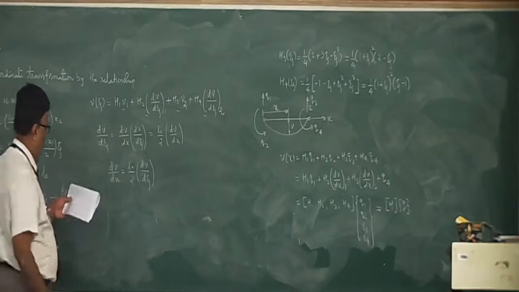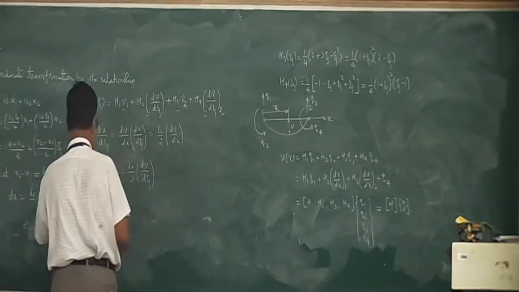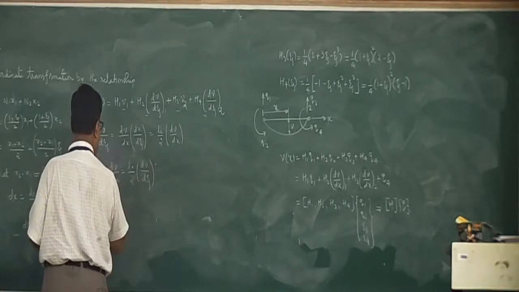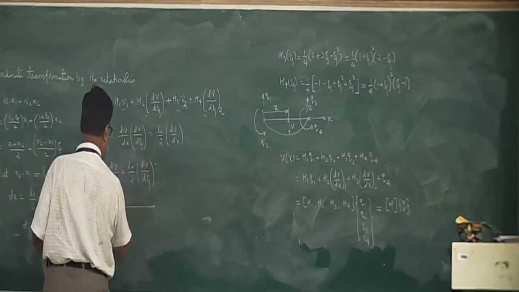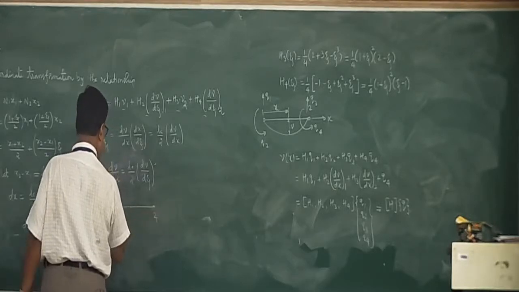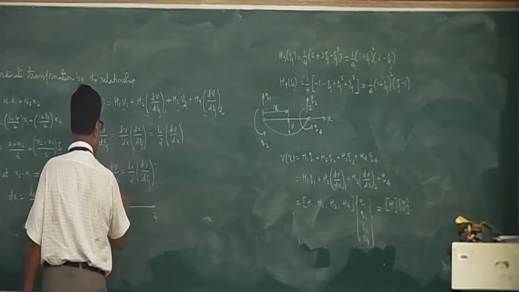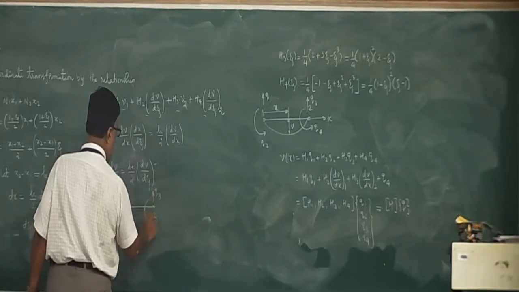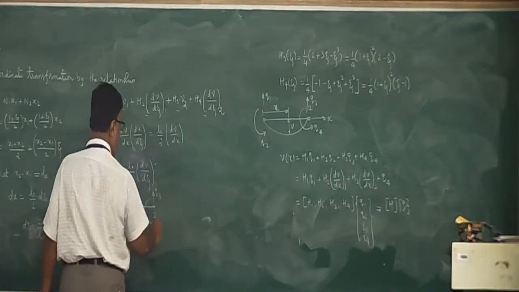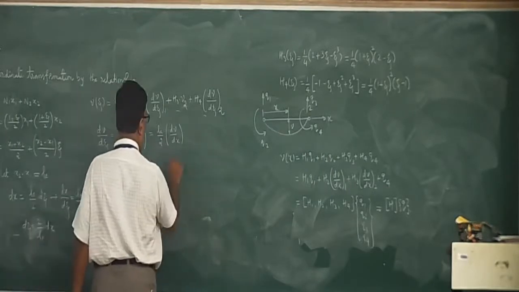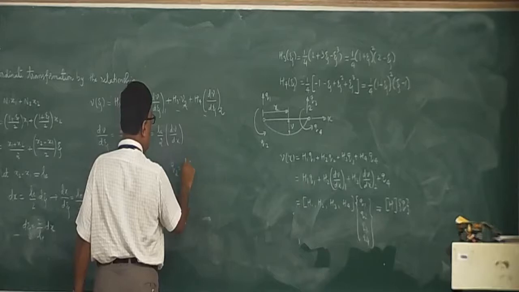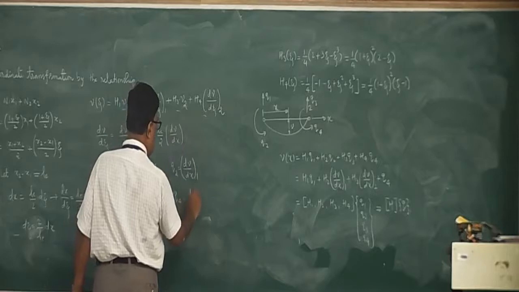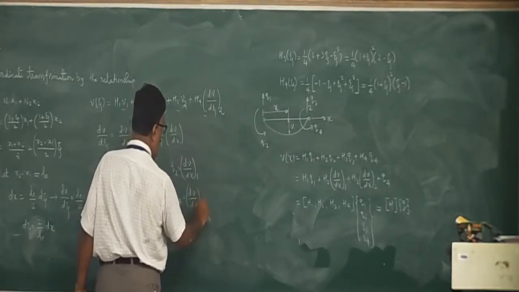Once we know this, it can be found out. I have already told you, this is Q1 and Q2, this is Q3 and this is Q4. Please remember Q2 and Q4 are nothing but dV/dx at node 1 and dV/dx at node 2.